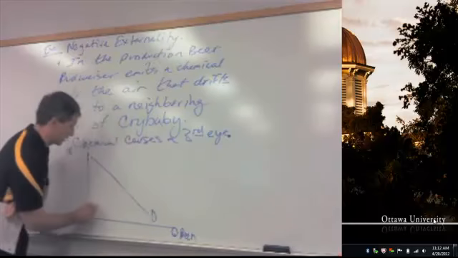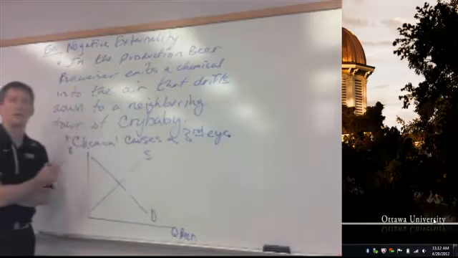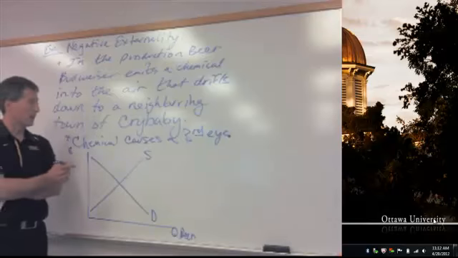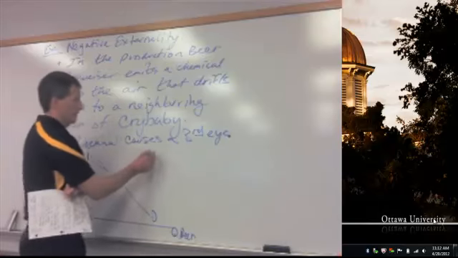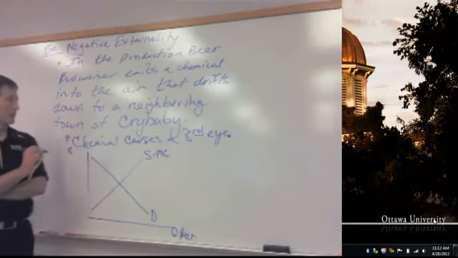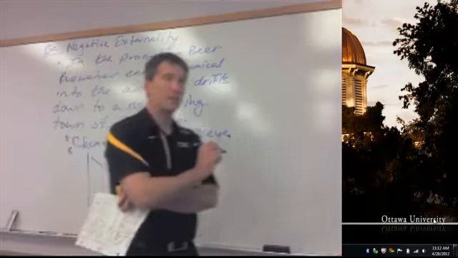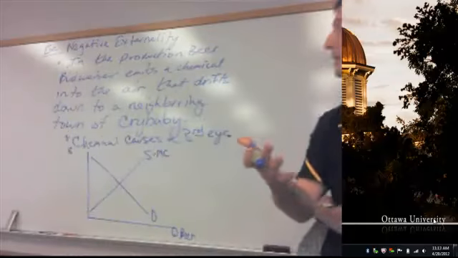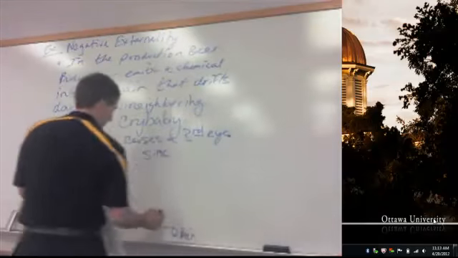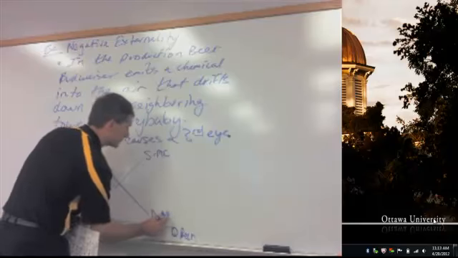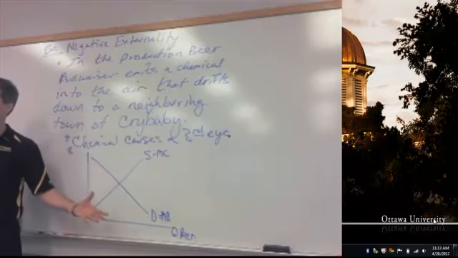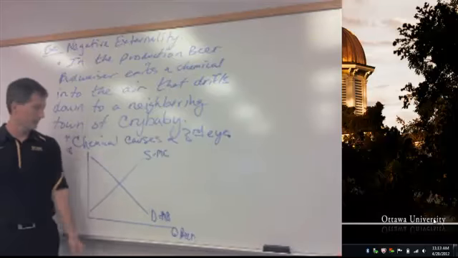There's a good old demand curve and a good old supply curve. We've now learned that the supply curve is the marginal cost curve. And so it reflects the cost of an additional case of beer. And the demand curve is the marginal benefit curve. And it reflects the benefit that consumers get from each additional case of beer.